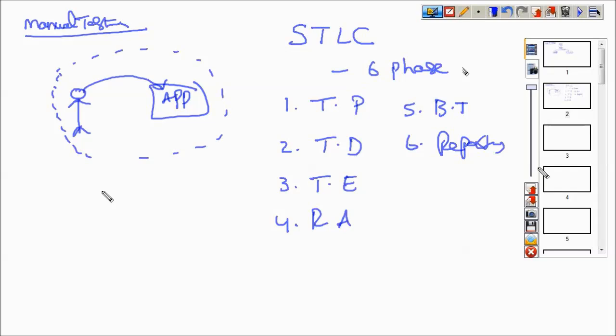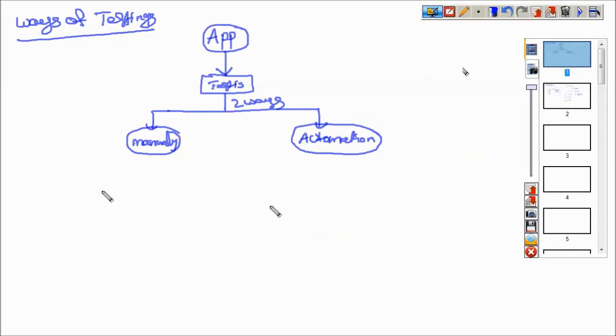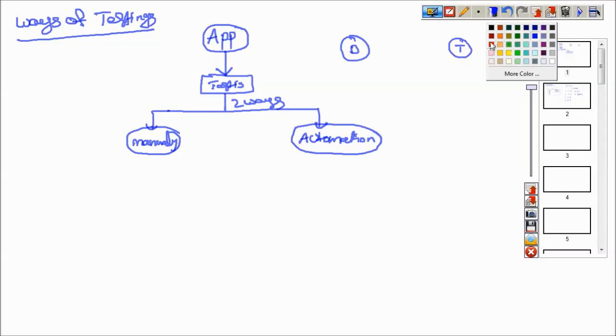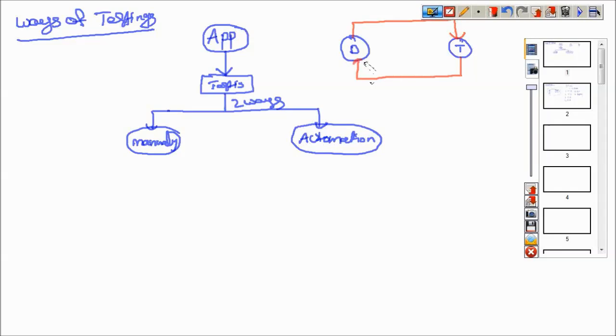First of all, what is testing? The developer develops the application and gives it to the testing department. Using that application, the test engineer will verify and validate and give the defects to the developers. This process will continue until the application is defect free.